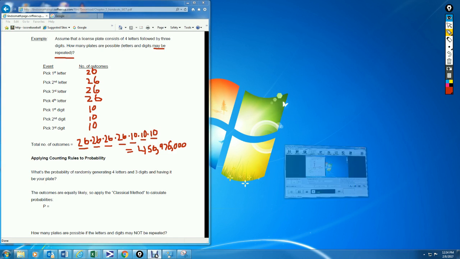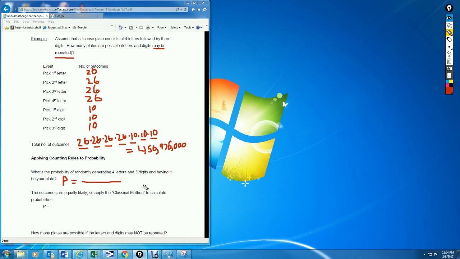Okay, so now as far as applying the counting rules to actually calculating probabilities, what is the probability of randomly generating the 4 letters followed by 3 digits and having it be your license plate? Okay, so basically we want to go back to our basic definition of probabilities, which is in the numerator, the number of ways it can occur, over in the denominator the total number of outcomes.